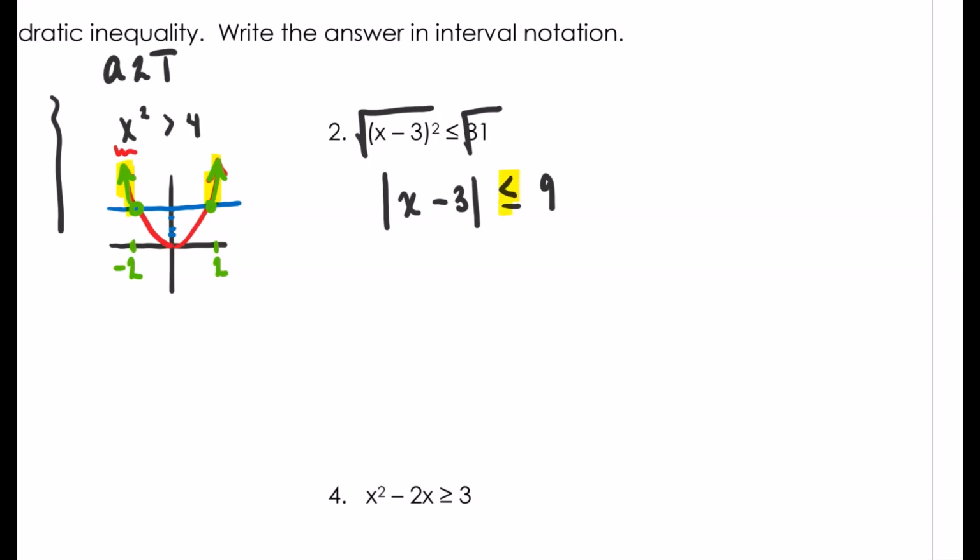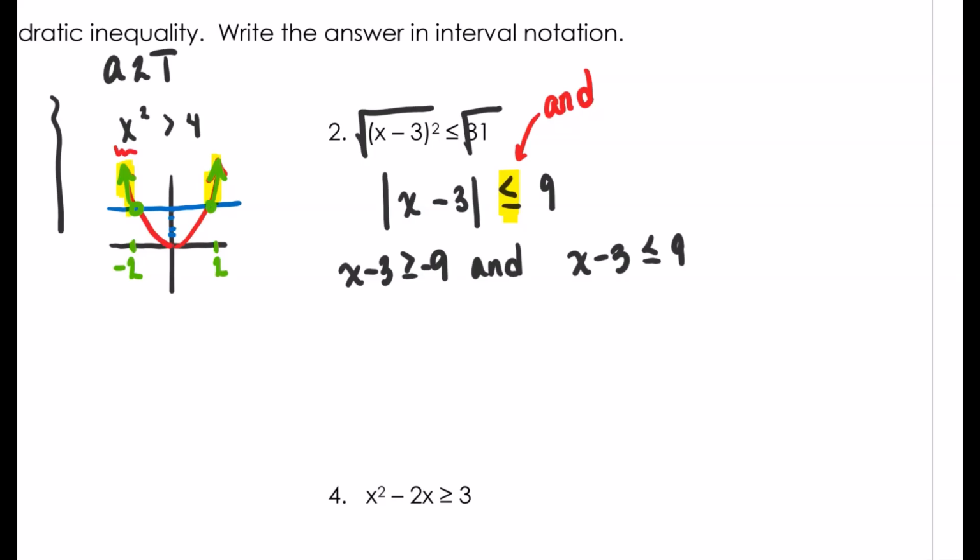Now, notice that you have a less than or equal to, so that's the "and" type of compound. All right, so now write out the equivalent compound. So I've got x minus 3 is less than or equal to 9, and I've got x minus 3 is greater than or equal to negative 9.